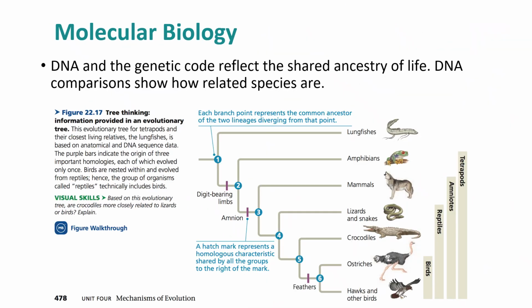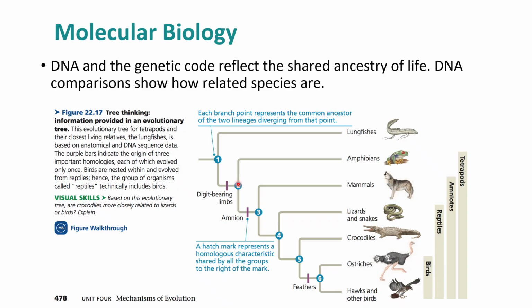The last type of evidence on our list that we're going to talk about is molecular biology. For one, all organisms on Earth use DNA as their genetic material. This is evidence that all life comes from a common ancestor who used DNA as its genetic material. In general, the relatedness of groups of organisms is reflected in the similarity of their DNA sequences.